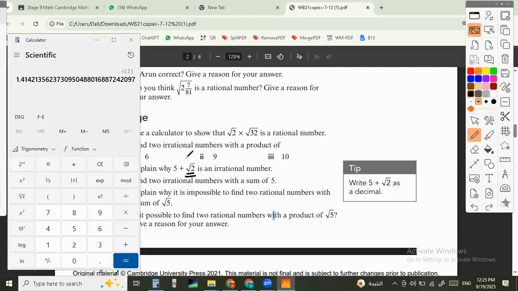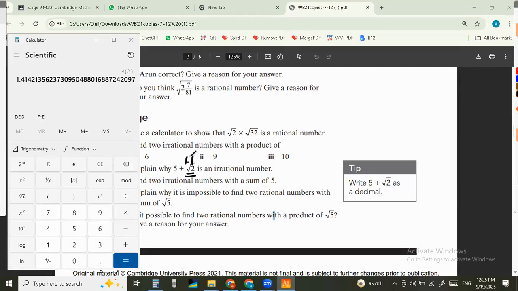So 5 plus it is 6.41421, and the three dots show that it is non-terminating. That's why it is irrational. Or you can simply say it is irrational because the square root of 2 is irrational, added to the 5.